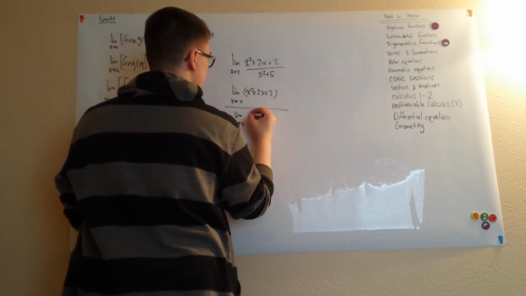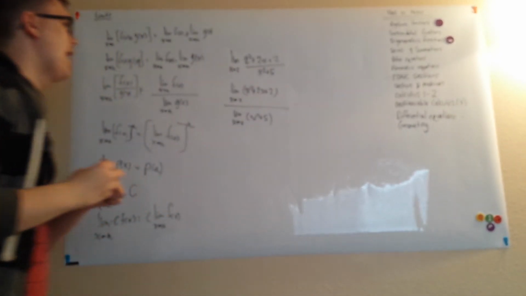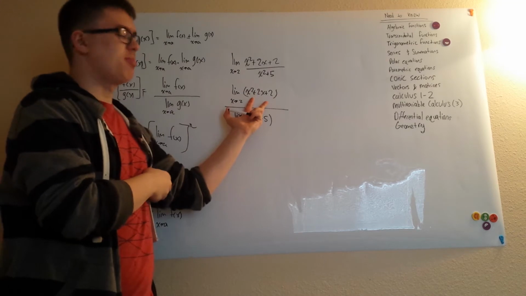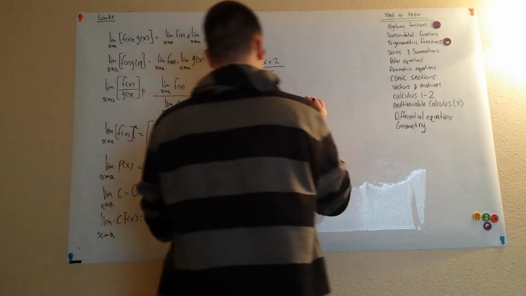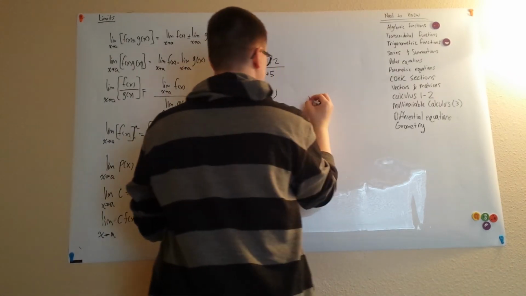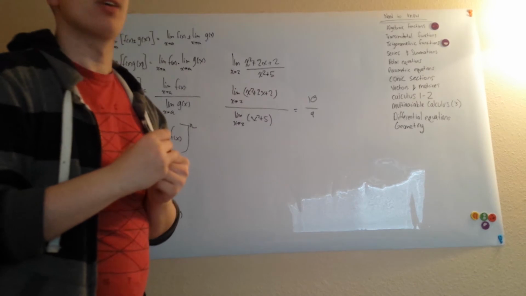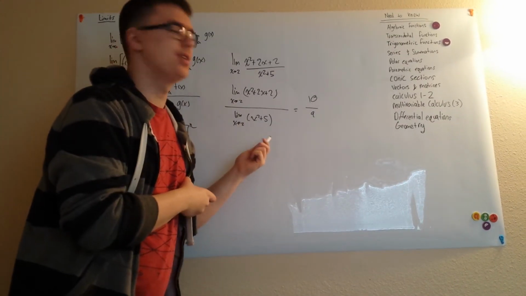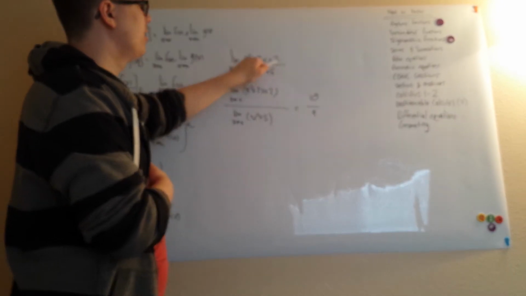You can separate limits by division. Is this a polynomial? Yes. Is this a polynomial? Yes. Just plug it in. What do we get? That's the 10, that's the 9. Wait a second, was this necessary? We could have literally just plugged it in and gotten it again.